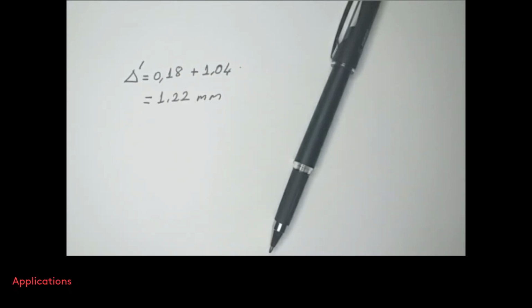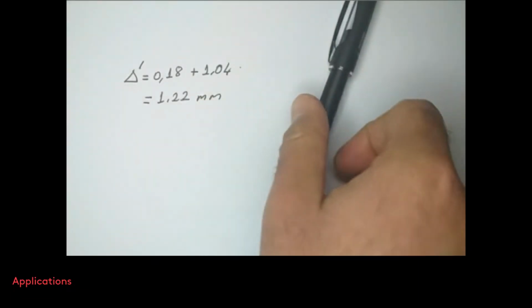So remember that delta is 16.7 millimeters when there is no core material.